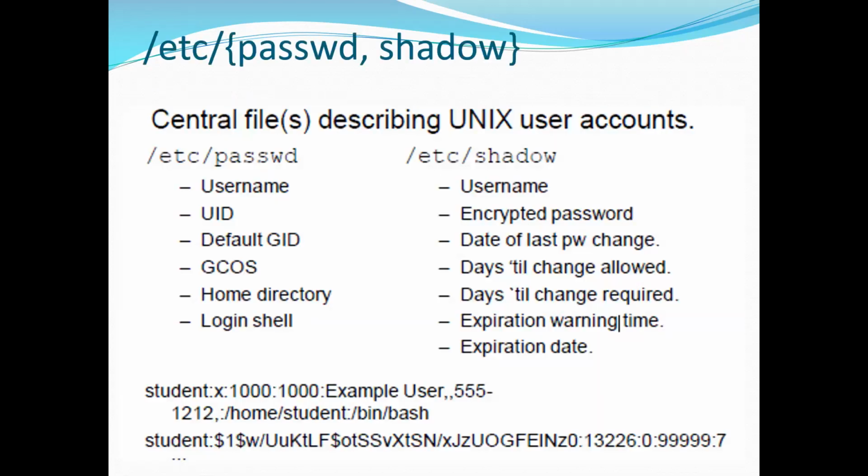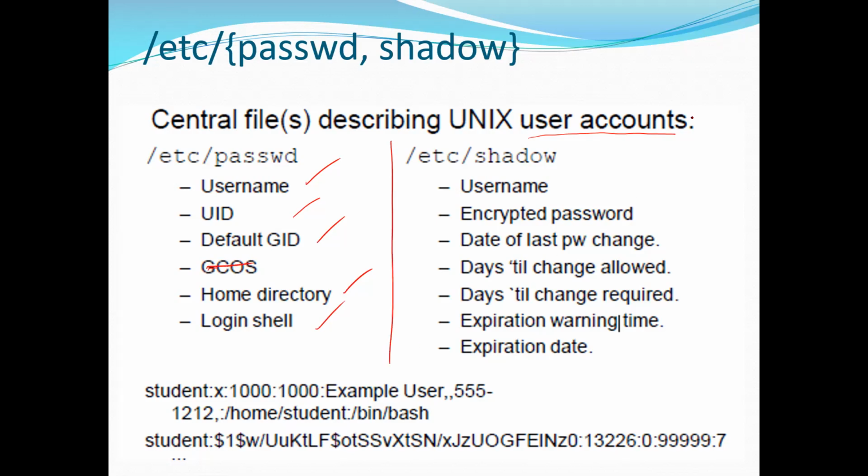So here we have, as we were talking about, the passwd and the shadow file. These are the files that describe all the information about Unix user accounts. In the passwd file, as I said, you have the username, UID, a group ID, the home directory, the login shell, and then some additional parameters in there that aren't that important.